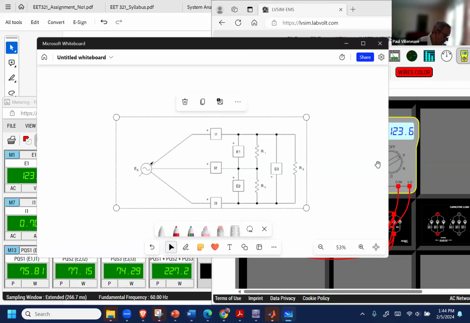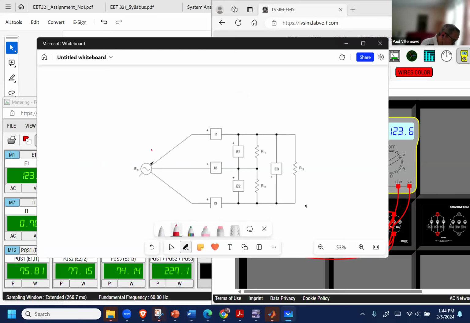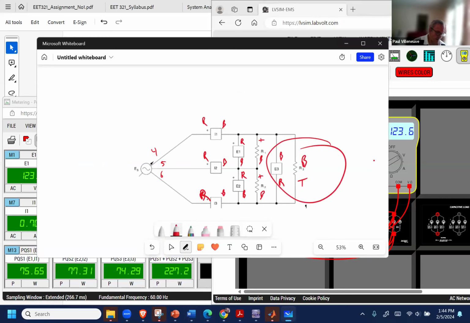And now my circuit becomes 4, 5, and 6. This is R, B, R, B, R, B. It's important to make sure that you have the R and the B over here. This is top and bottom, top and bottom, top and bottom. So just be careful on this side over here because you have to swap things around. All right, so I'll give you to 150 to be able to do this portion, unless anybody has any questions.